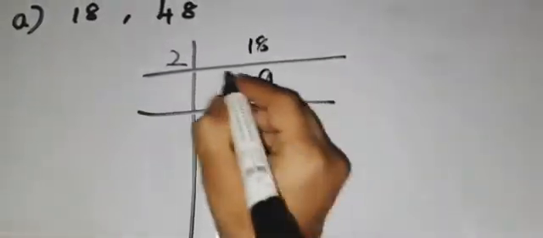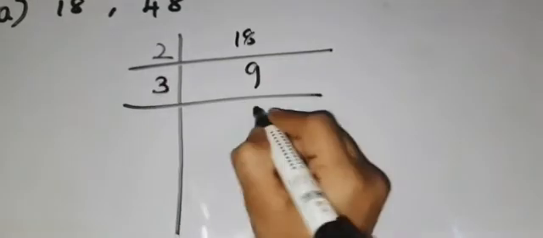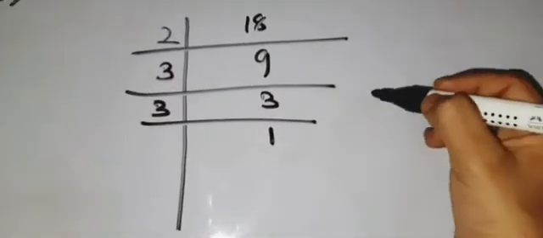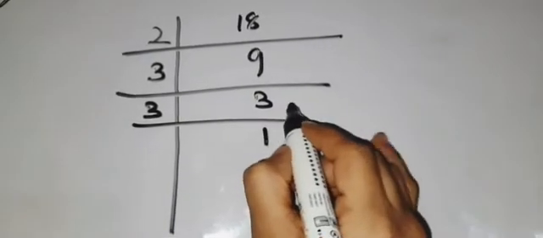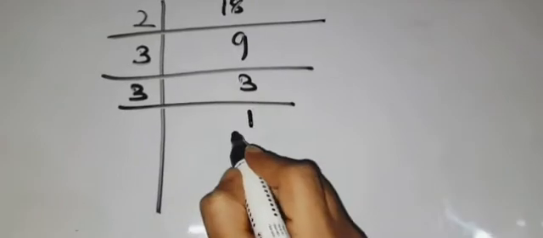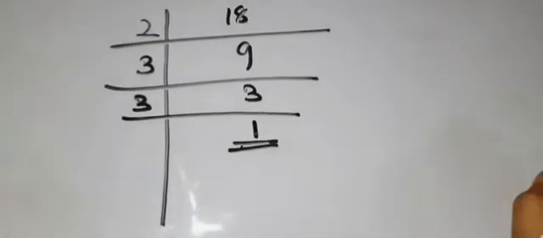So 2 9s are 18. Again this 9, 3 3s are 9, 3 1s are 3. If it was a factor tree, we would have stopped here itself. But in the long division method, we keep dividing until we get the remainder as 1. That is the only difference.